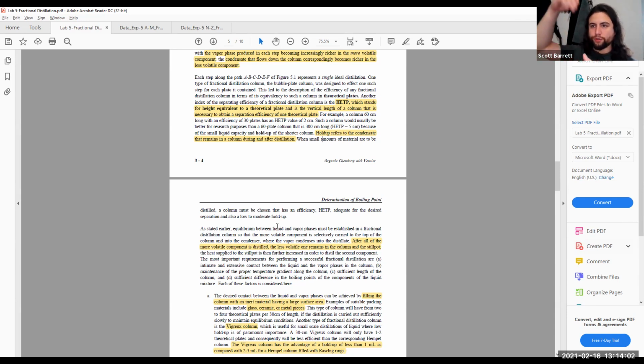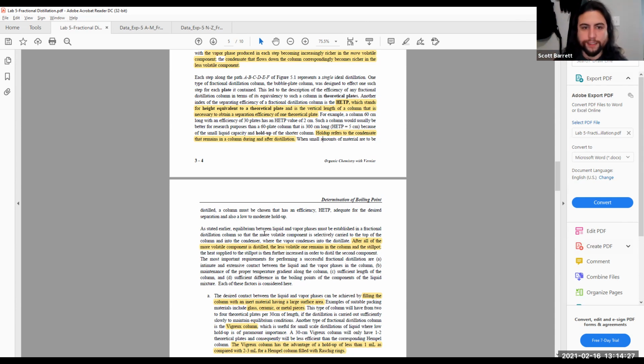You want the less volatile to drop back in there to continue the cycle of boiling off the more volatile, in the case of benzene, so that the benzene goes into vapor and comes off. But if the benzene is blocked by toluene sitting there as a large clump of liquid right above your still pot, stuck in the column, then the benzene can't efficiently boil out over into your receiving flask.